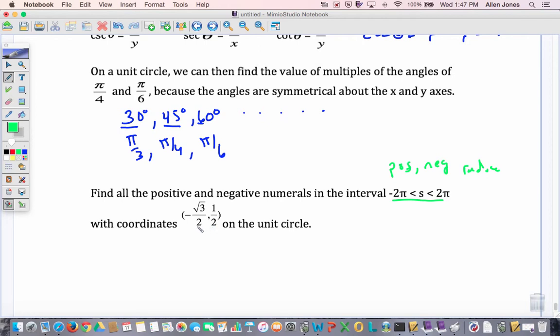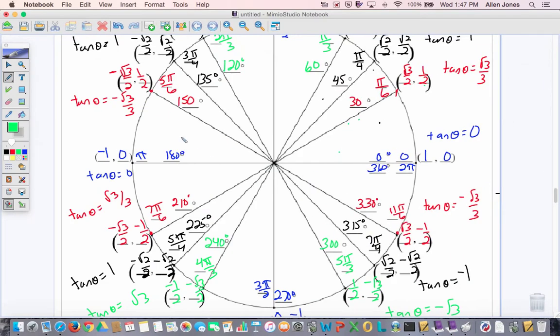Before I do that, I'm going to point out that x is negative in quadrants 2 and 3. Our y is positive in quadrant 2. So we're looking for our angle in quadrant 2. So in quadrant 2, you can see right here, we find that ordered pair, negative square root of 3 over 2 and 1/2. So if I measure that angle in standard position, that's 5 pi over 6.